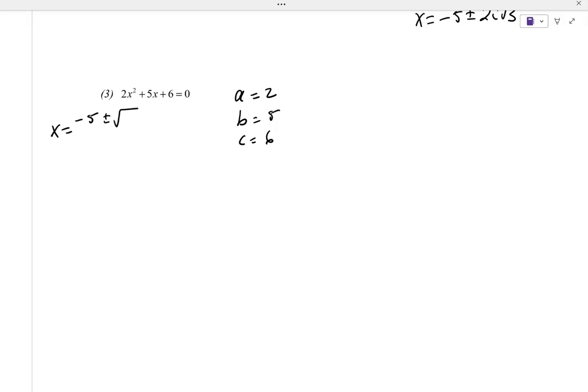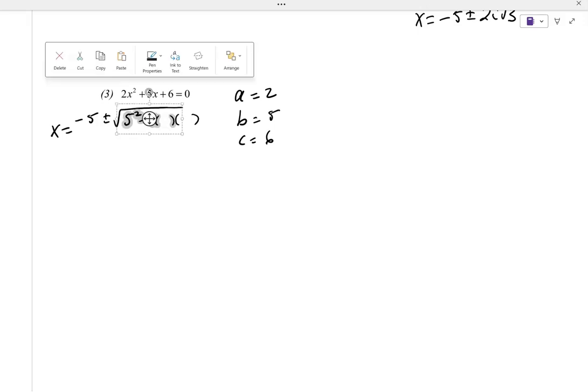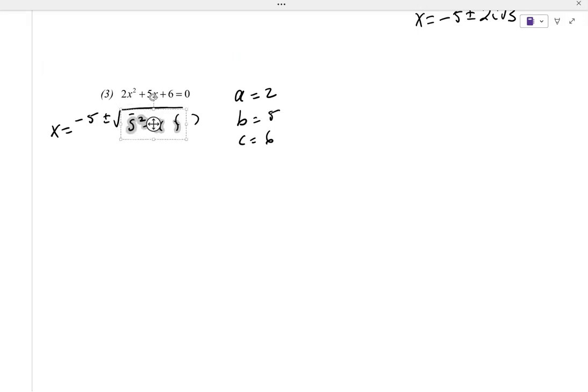Plus or minus the square root of 5 squared minus 4 times 2 times 6, and then all over 2 times 2. Good.